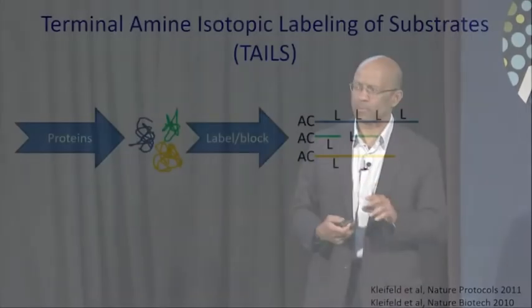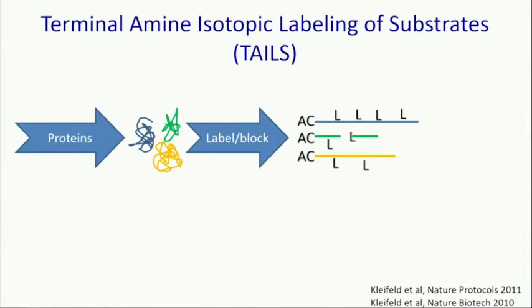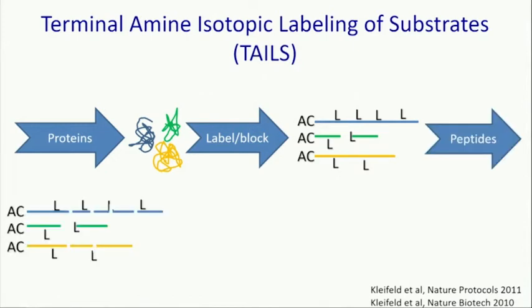And it relies on two very important but simple steps in a proteomics workflow. You, of course, isolate proteins as you normally would, but you label them at the protein level with reagents that bind to the amine terminus or to the epsilon amine of lysines, and then you trypsinize them to develop the peptides that you typically inject into a mass spectrometer.